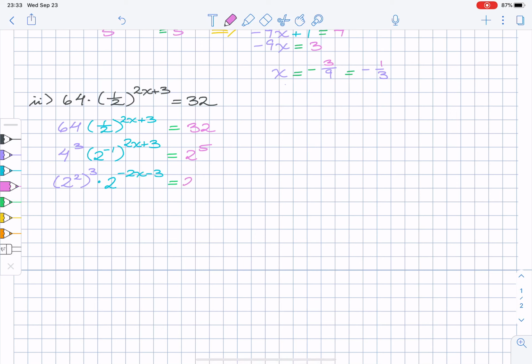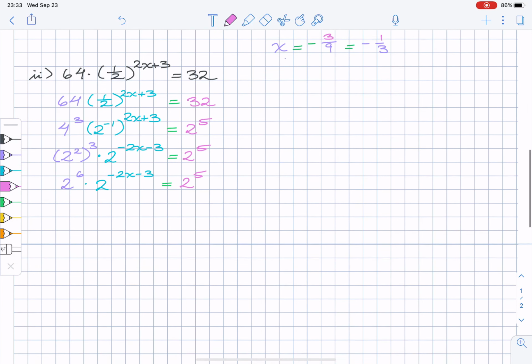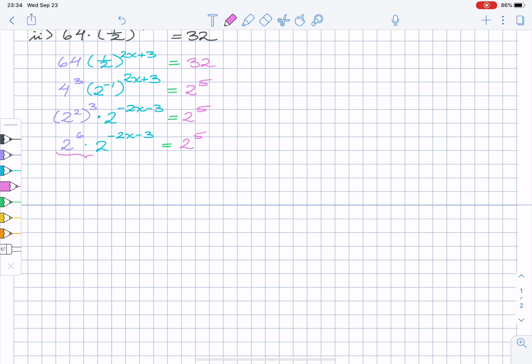Purple factor again, 3 times 2 will be 2 to the 6th times 2 to the minus 2x minus 3 is equal to 2 to the 5th. So now I can combine these two using the rules of exponents. So this becomes 2 to the 6th minus 2x minus 3 will be equal to 2 to the 5th.